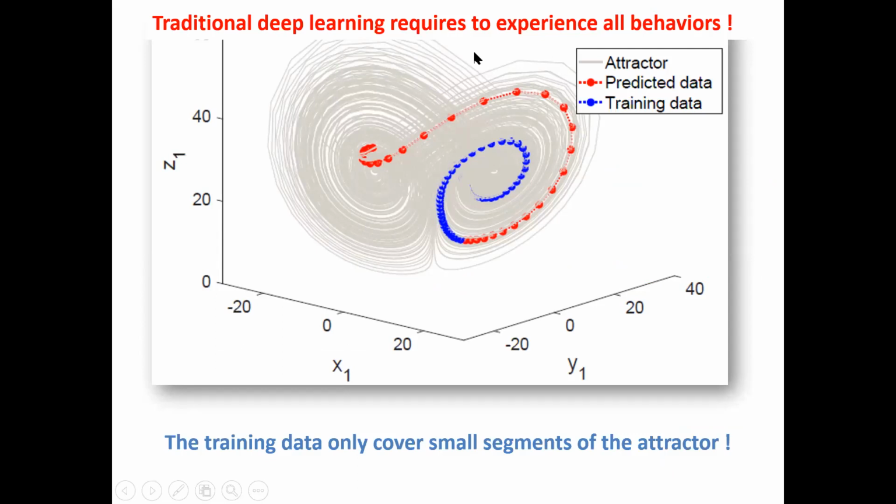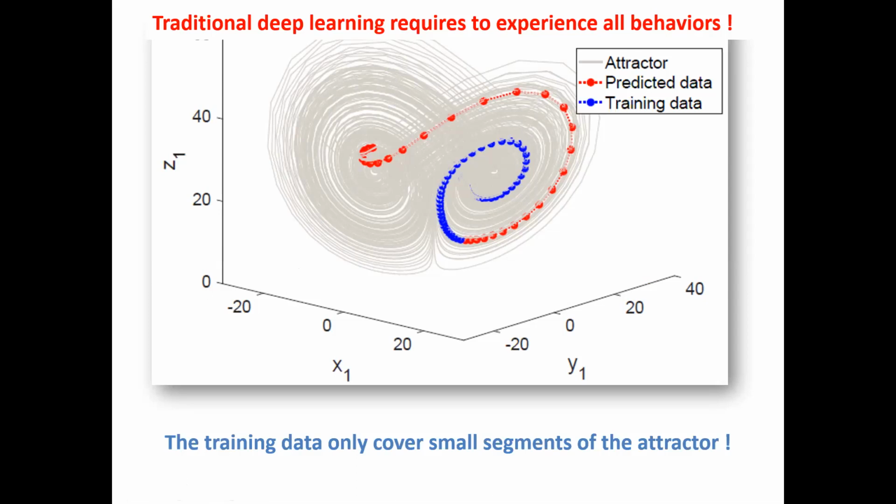Deep learning is required to experience all the behaviors. AlphaGo was trained on 30-40 million games, so it almost experienced all the behaviors and can make the correct decision. But humans cannot experience all the behaviors. We only use a very small amount of limited data to make the correct prediction.